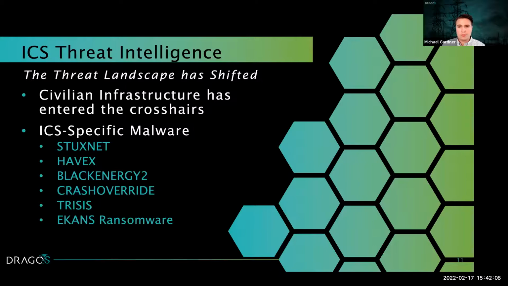We had TRISIS as the first known malware to specifically target safety instrumented systems. If you don't know, those are systems designed to keep plants safe so that humans can actually operate within them. And EKANS ransomware was one of the first ransomwares with OT kill processes baked into the code, so ransomware designed explicitly to shut off operational technology.